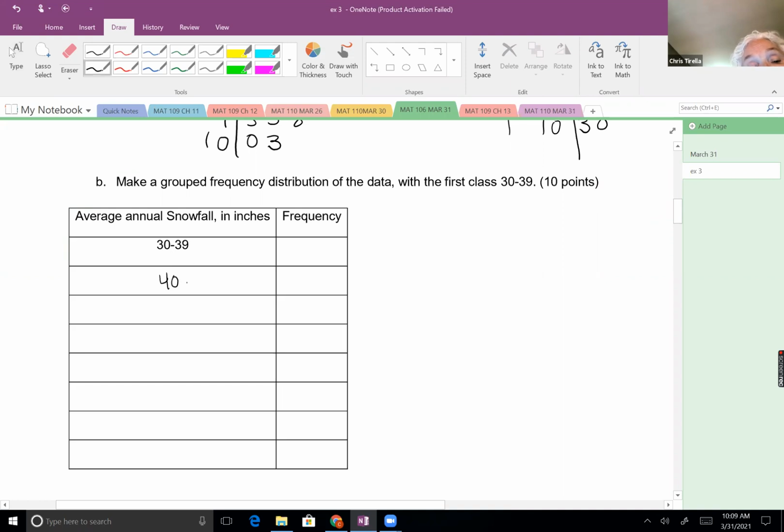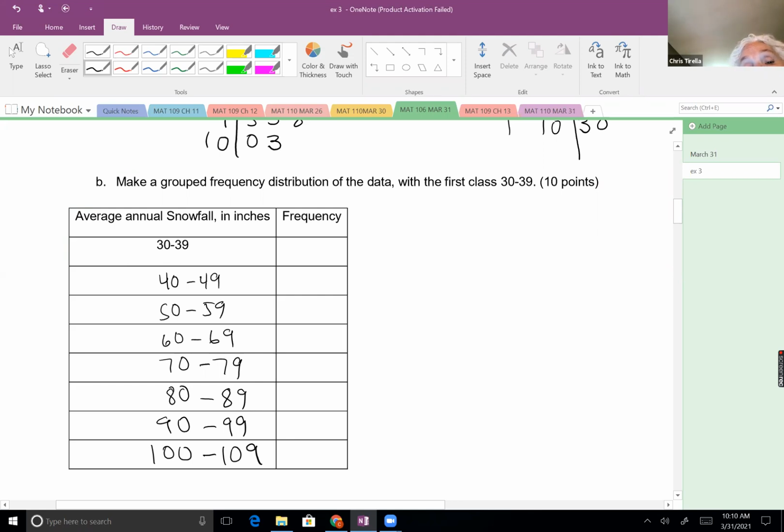The next would be 40 to 49, 50 to 59, 60 to 69, because we want our class widths to be equal, 70 to 79, 80 to 89, 90 to 99, and 100 to 109. And remember, if a question is asked, that here the class width is 10, because when I go from 30 to 40, I'm skipping 10 numbers, and so on.